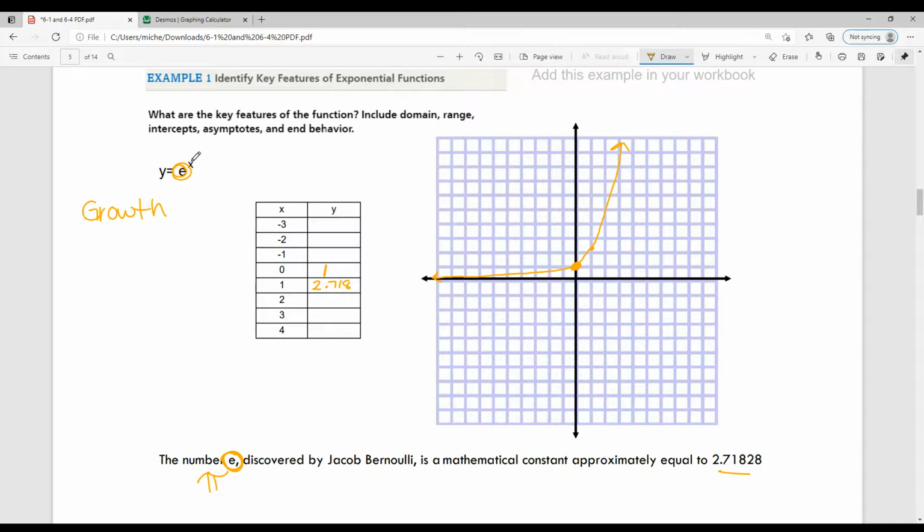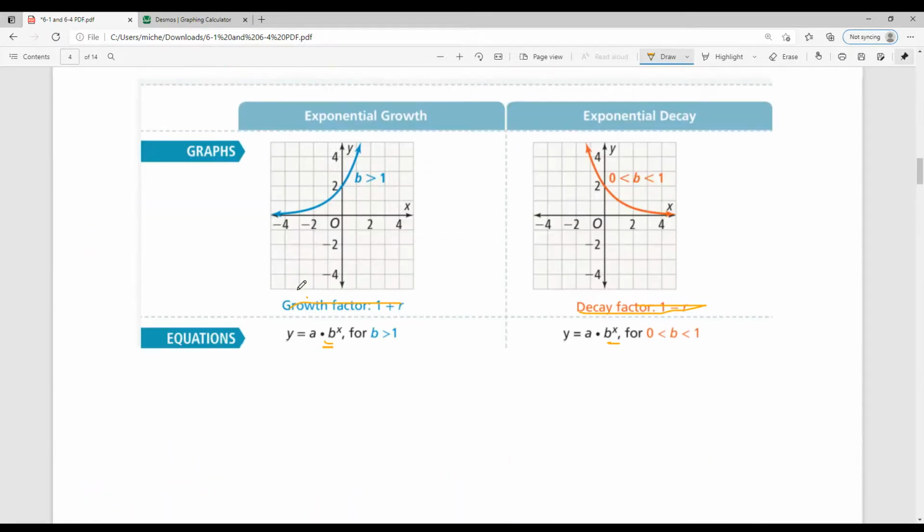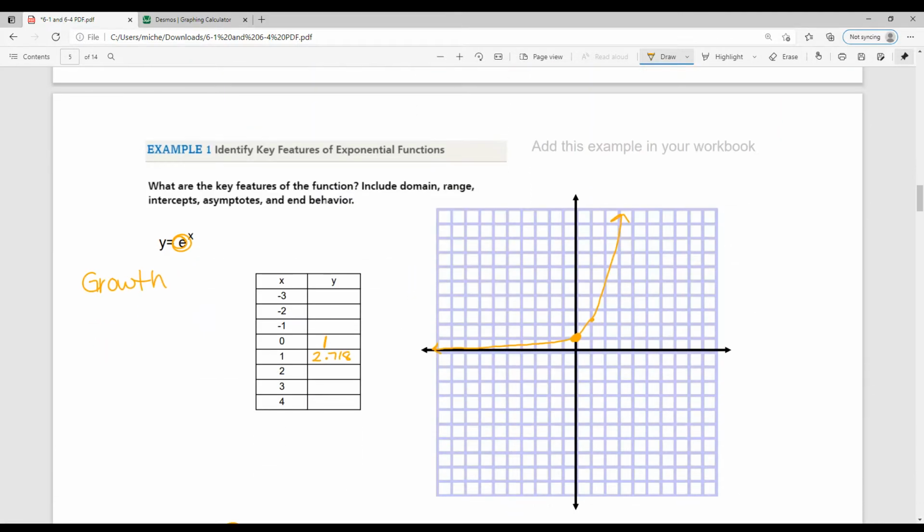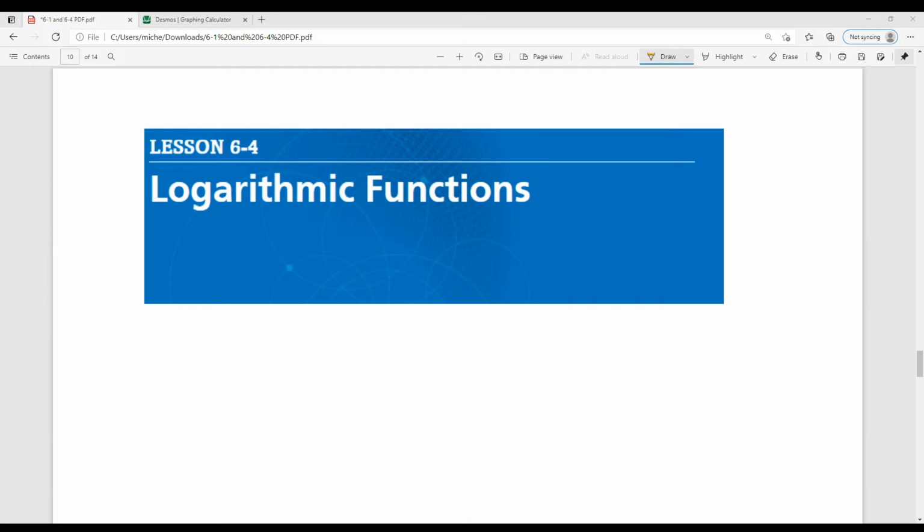What we're going to do now is look at the inverses of these functions. So flip over to section 6.4, and we're going to look at log functions.